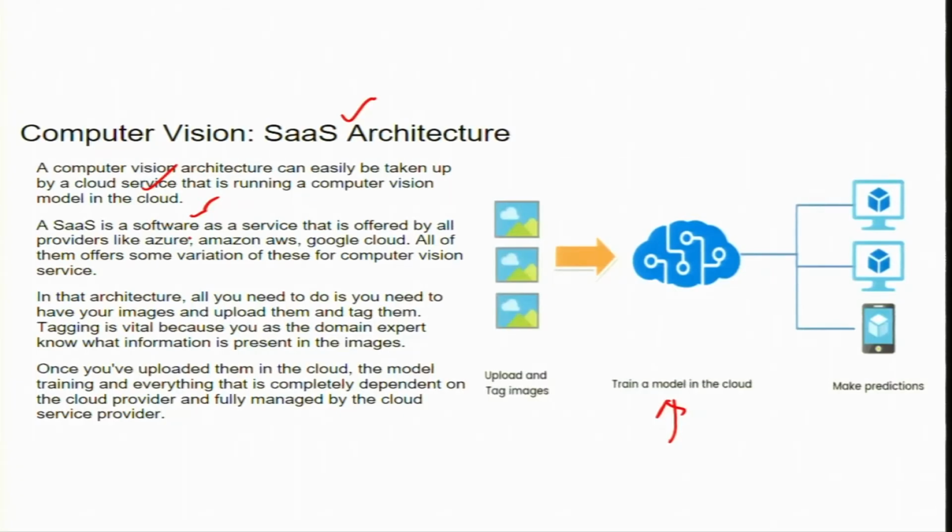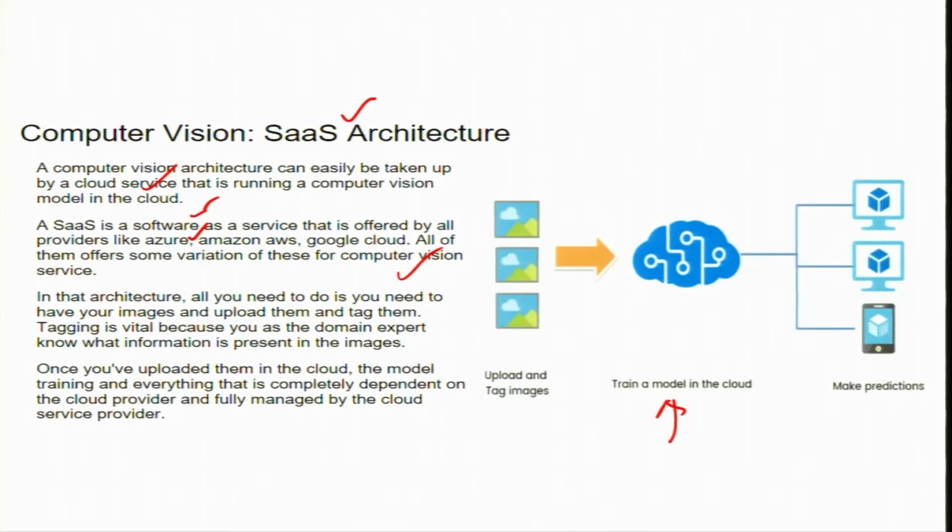Most prominent cloud providers, such as Azure, Amazon, Google and so on, offer some variation of computer vision APIs or services, but you have to decide which model fits into these kinds of services.